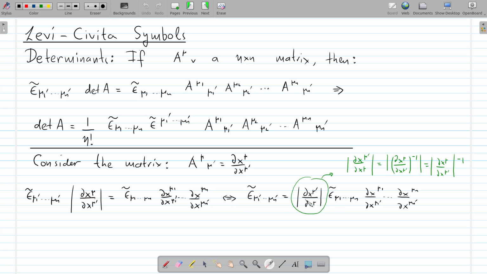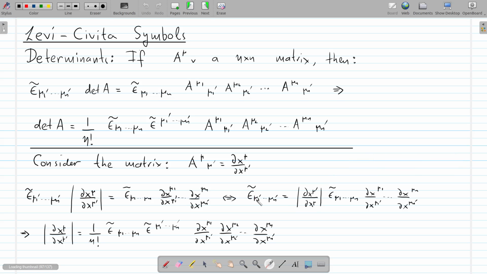So if we have the Jacobian multiplied by the anti-symmetrized product of those derivatives here, we will obtain a Levi-Civita symbol. And of course, we can also compute the Jacobian using this formula as with the determinant of any other matrix.